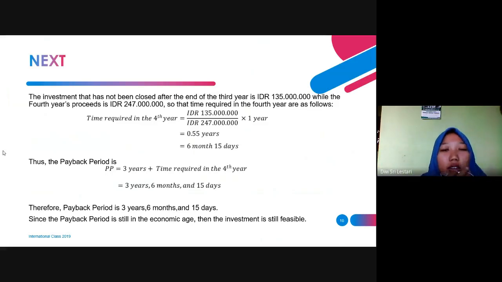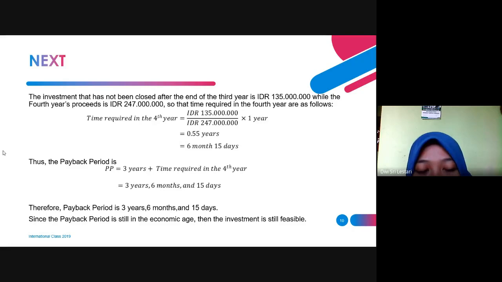Time required in the fourth year is equal to 135 billion over 247 billion times 1 year, and it's equal to 0.55 years, and the result is 6 months and 15 days.